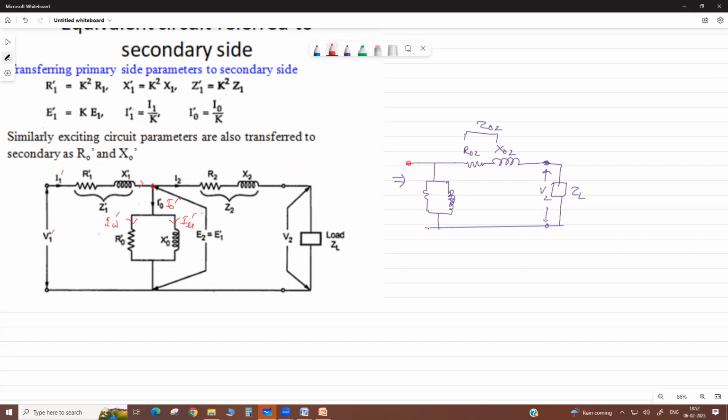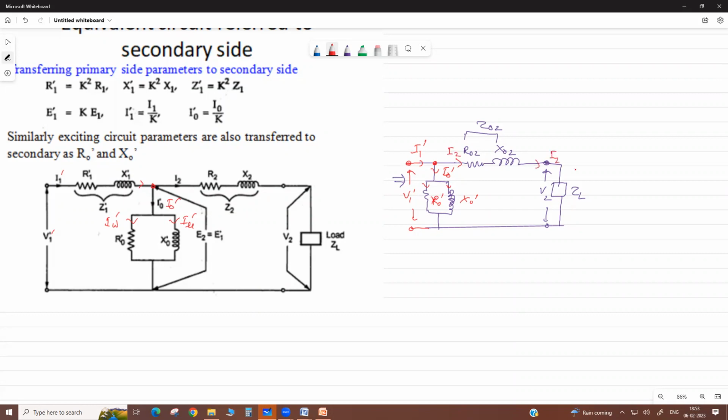Now at this supply terminal, here we apply V1 dash, as referred to the secondary side. Then at this node, this is I naught dash, with R naught dash, X naught dash. This current is also dashed. Here, this is I2.